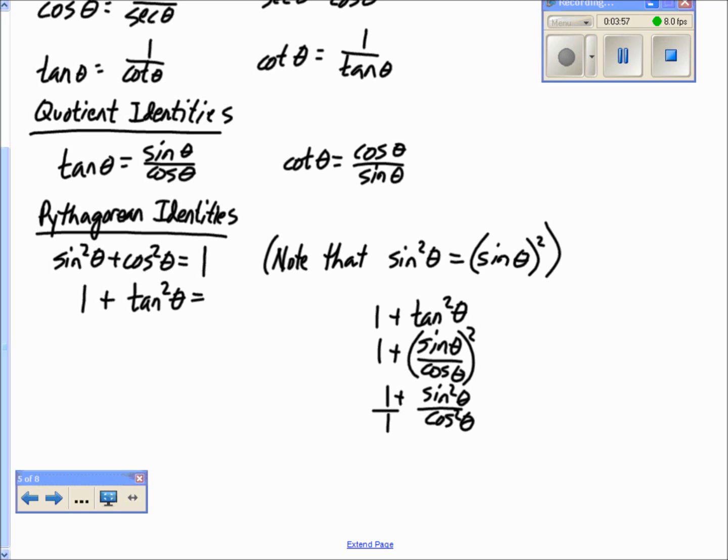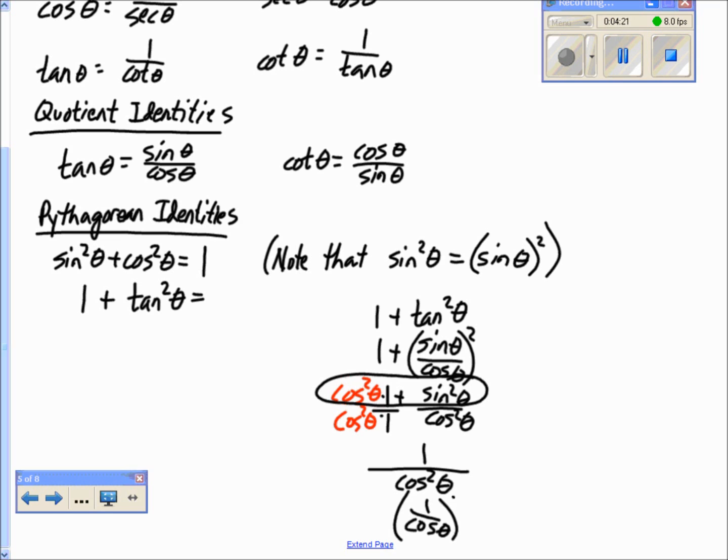I want to get the same common denominator here, so I'm going to multiply this by cosine squared over cosine squared. So you see how you now have cosine squared plus sine squared all on the top. Well, guess what cosine squared plus sine squared is? That's 1, right? We just talked about that. And on the bottom we got this cosine squared theta. Well, what is 1 over cosine?